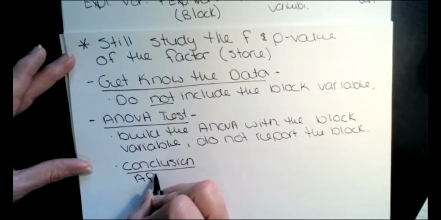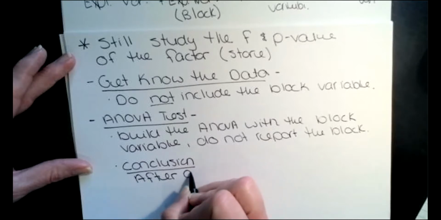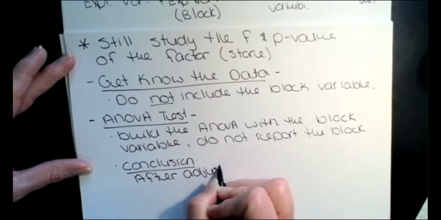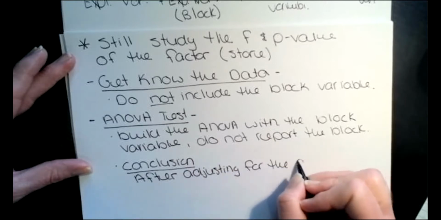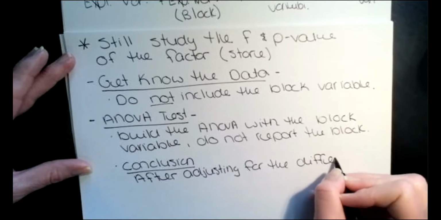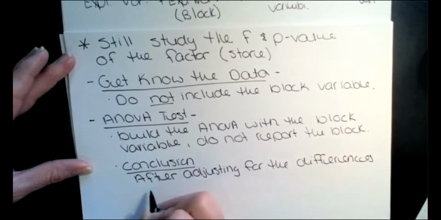So a conclusion would look something like, you just want to add the wording after adjusting for the differences in, and then whatever your block variable is.